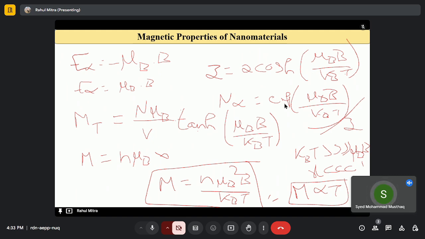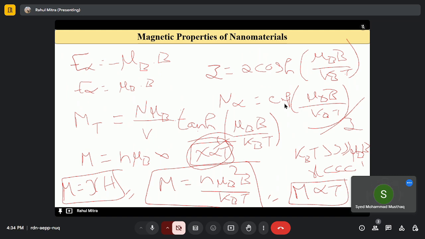And from M we can derive susceptibility. M is directly proportional to susceptibility: M equals susceptibility times H, the magnetic field intensity. So susceptibility is inversely proportional to temperature. This is Curie's law of paramagnetism. If you want to know what type of magnetic material it is, just perform the experiment of magnetization versus temperature.